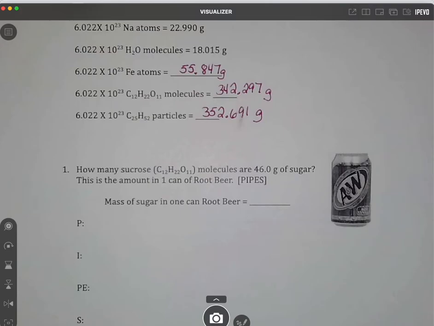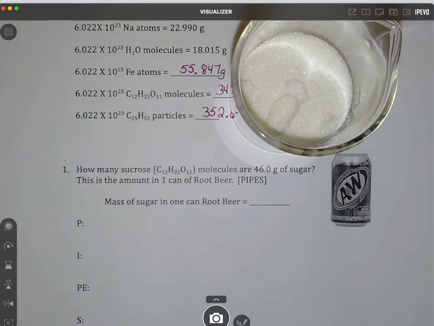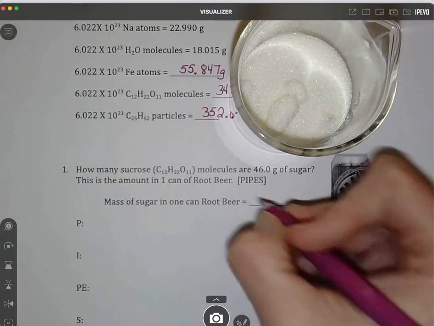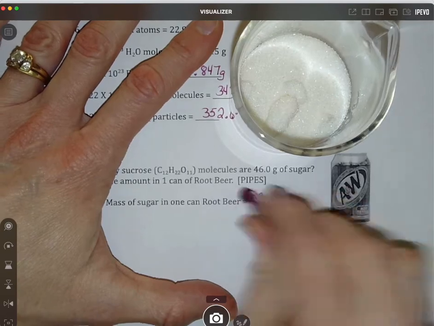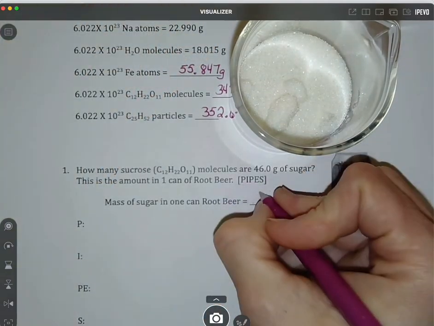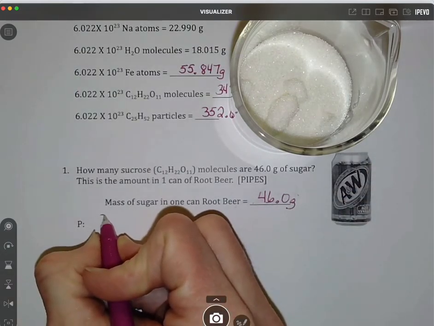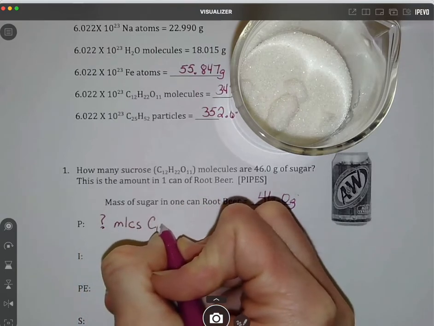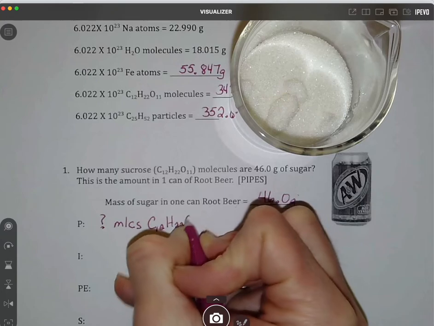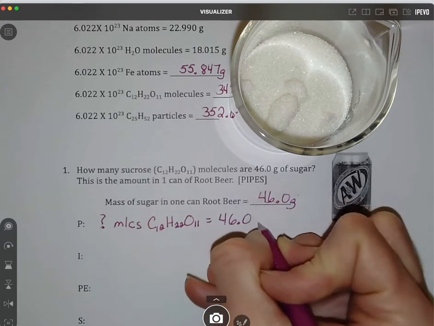So I would like to figure out, in my beaker full of sugar here, how many sugar molecules do I have? The mass of sugar in one can of root beer is 46.0 grams. I would like to know how many molecules of C12H22O11 are in 46.0 grams.